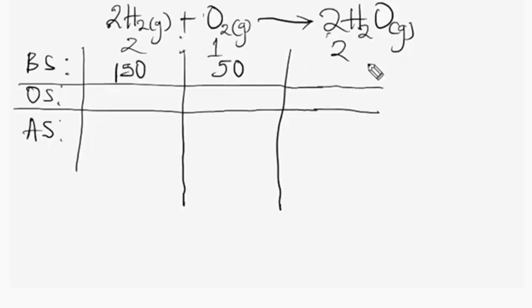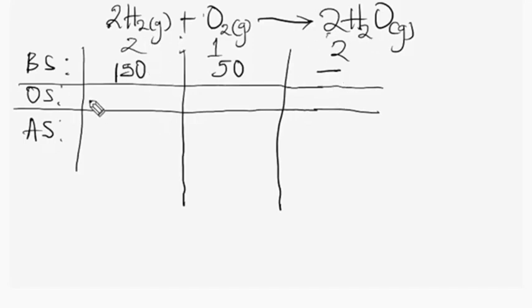For water before sparking there was no reaction, so water was 0 or nil. That makes sense because the product came when we've already sparked the hydrogen with the oxygen. That's why we have 0 here.